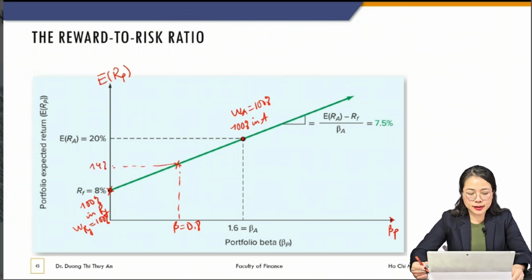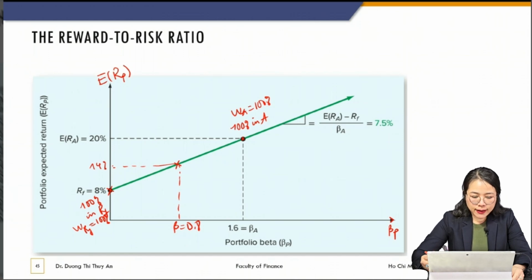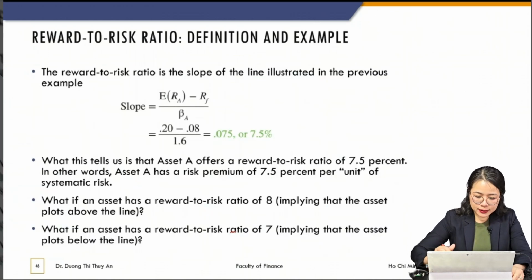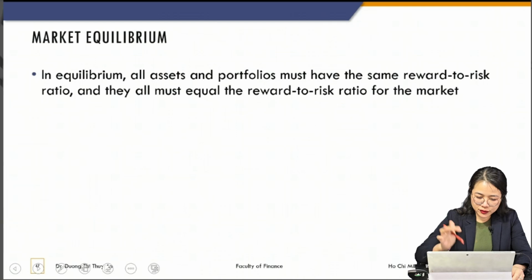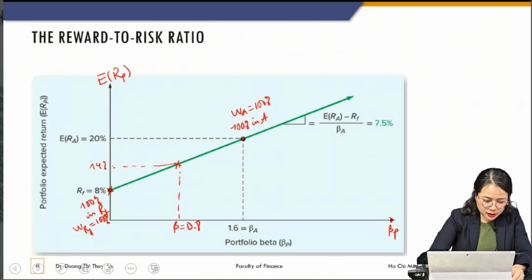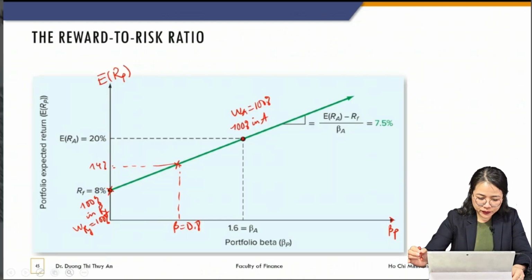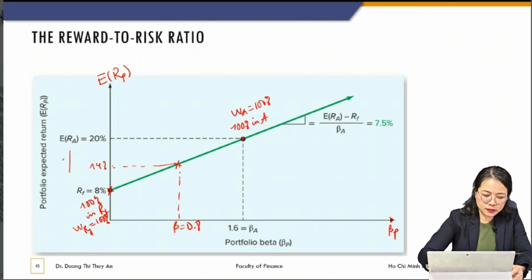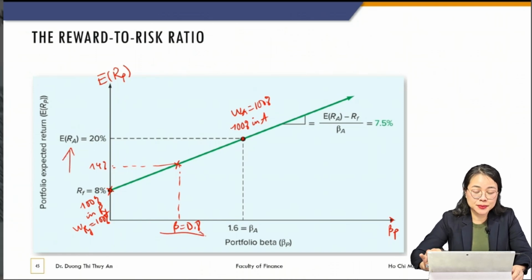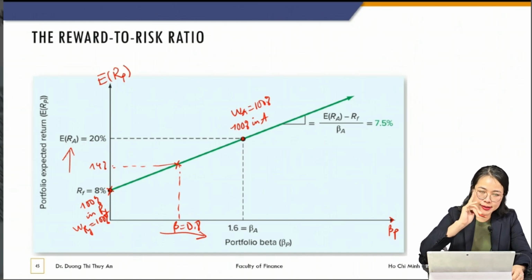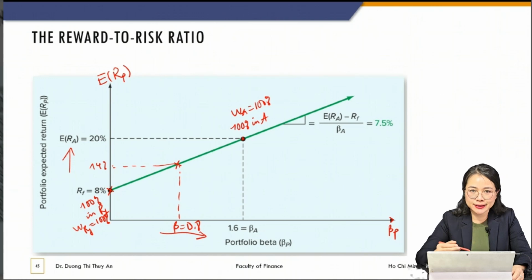So you see, the higher the beta when you go further to the east, the higher the expected return of the portfolio is, right? So I want to know that for a 1 unit increase in beta, how much return do I earn?